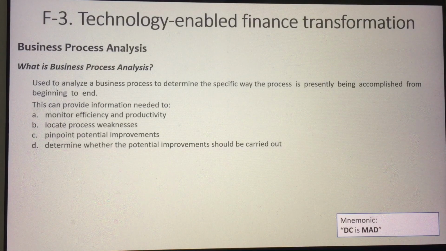So, what is business process analysis? We know that in an organization, we have a lot of business processes. The business processes, for example, for Coca-Cola, are how you design your product until you deliver it to your customers.